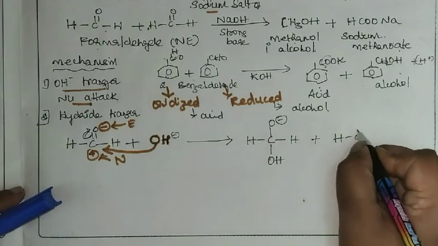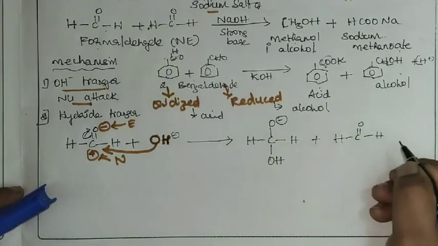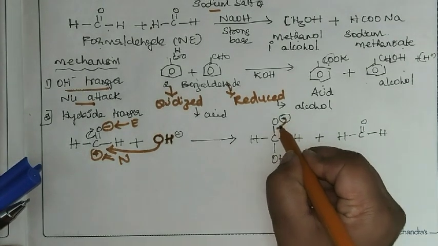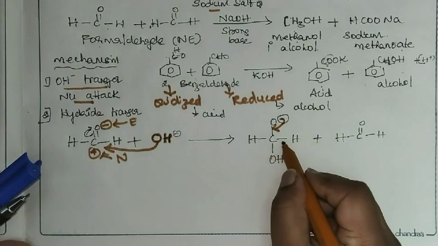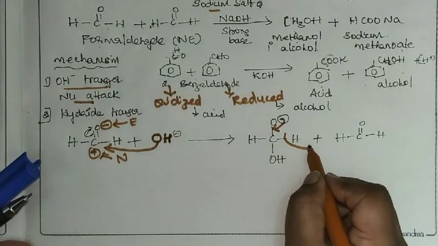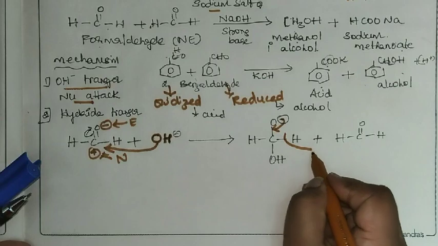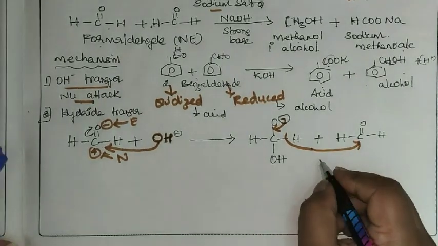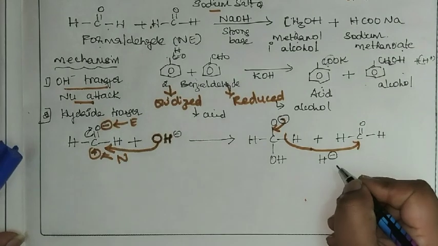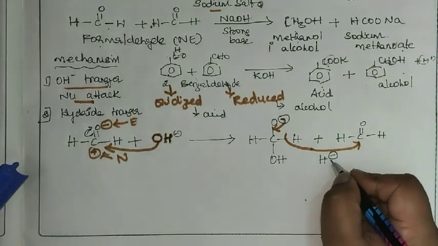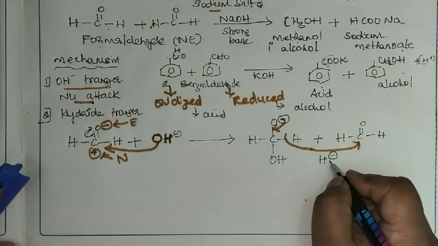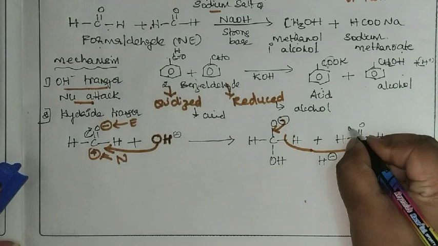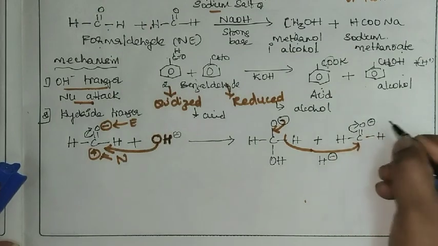So this is another aldehyde molecule. Now these electrons will come here, and this hydrogen will take up the electrons and go as a hydride ion. Hydride means it is H minus, hydrogen which has electrons. When the hydride ion attacks the electron deficient carbon, these electrons will go here.